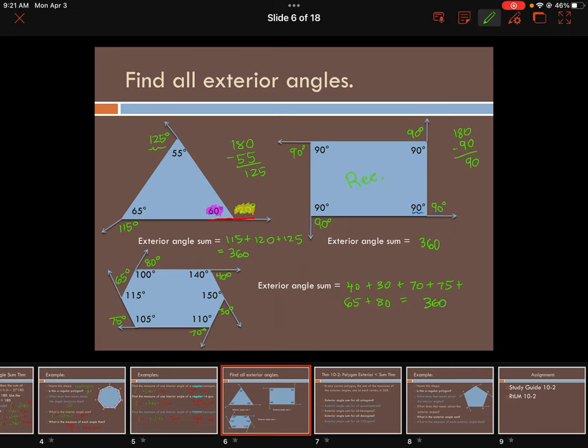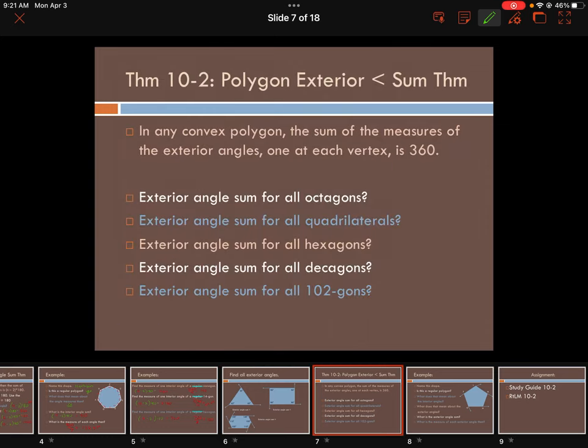Okay, and if you might have guessed it already, the exterior angle sum is 360. It doesn't matter what shape you're looking at. The interior angle sum is going to be different as your number of sides increase or decrease, but the exterior angle sum is always the same. It's always going to be 360.